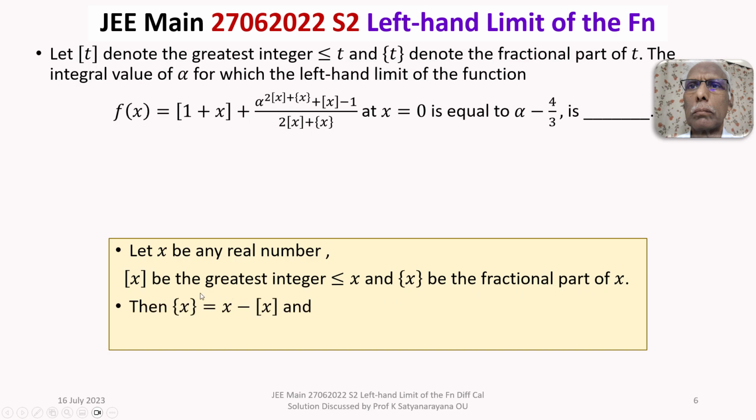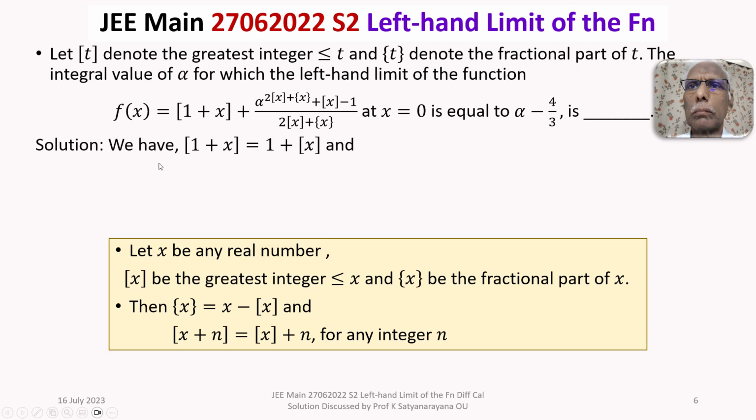Then {x} is equal to x minus [x]. That means from the given real number, subtracting the greatest integer less than or equal to x, you get the fractional part. And [x + n], where n is any integer, will be [x] + n. These are the two results which you should know to get into the solution.